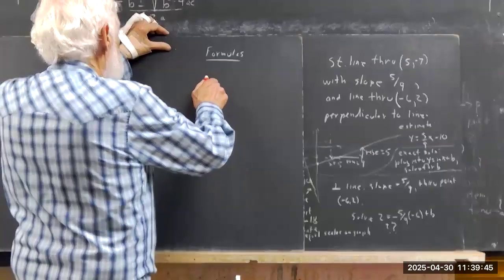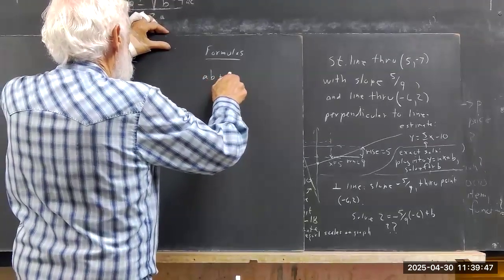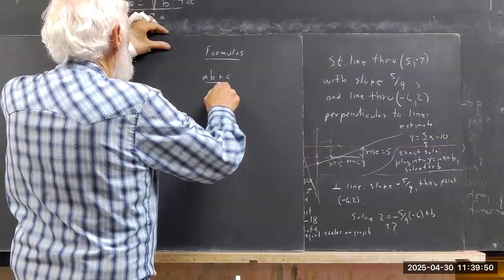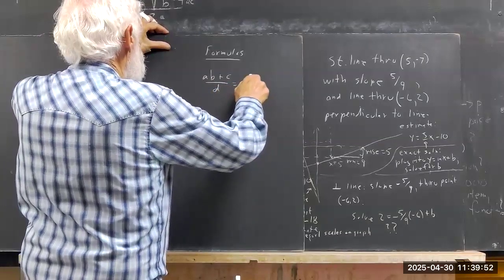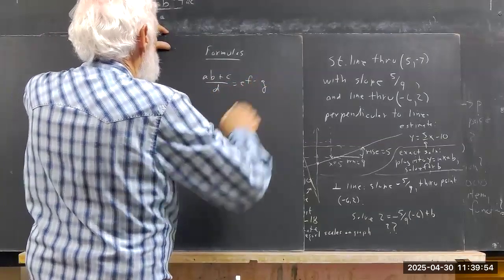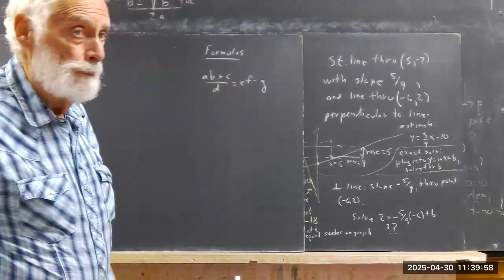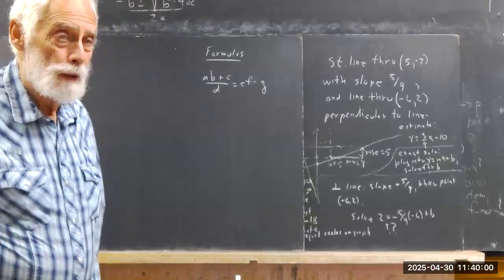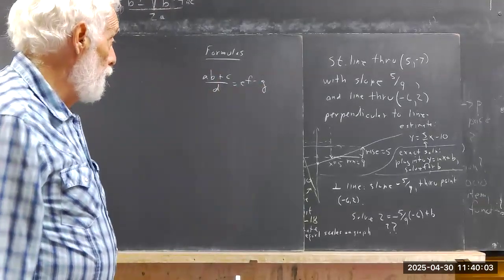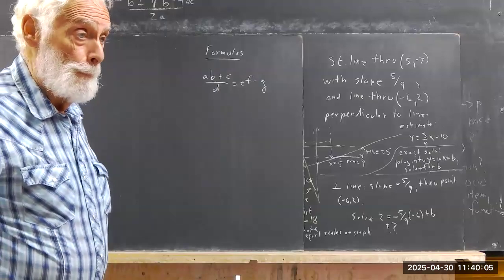Okay, let's say you got AB plus C over D equals EF minus G. Solve this for one of the variables.